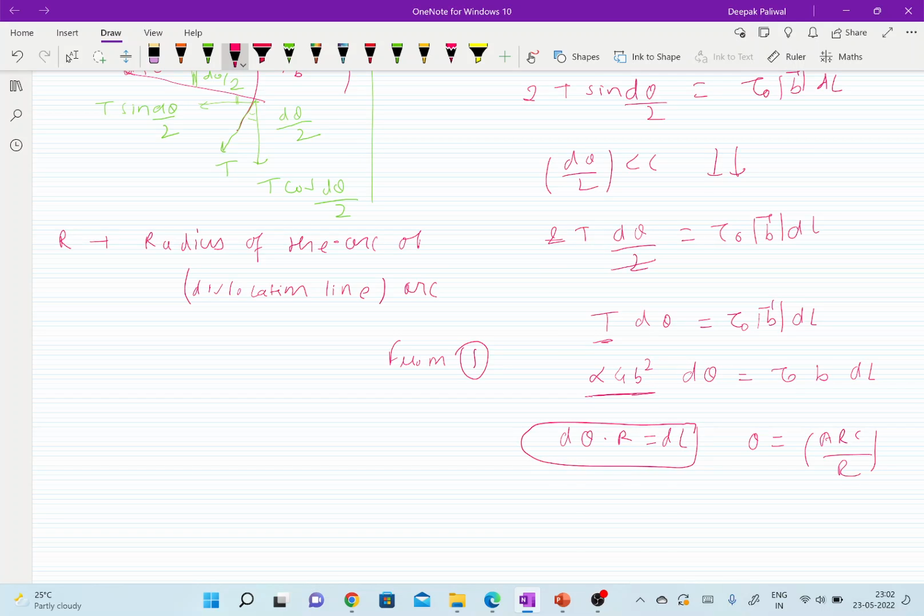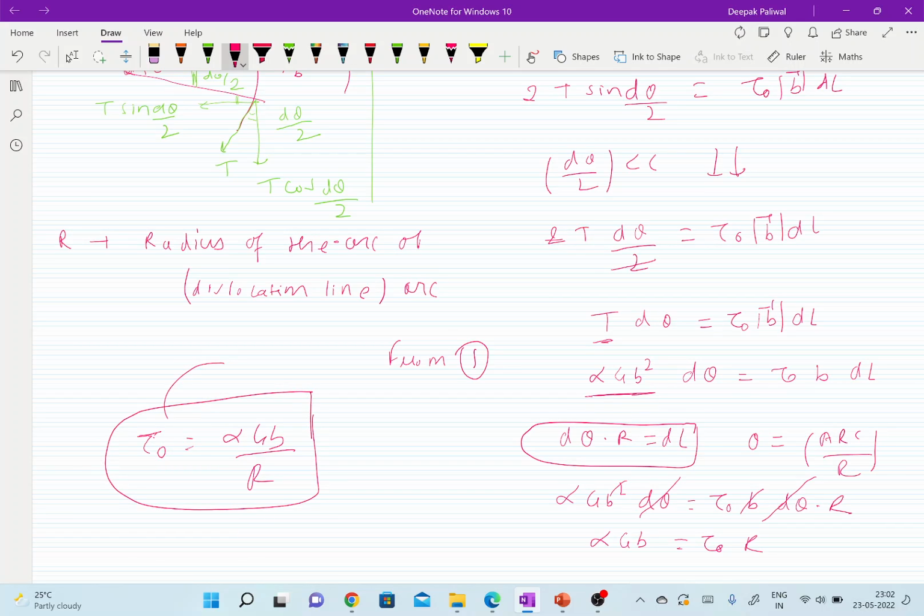Putting this value, alpha G b square d theta equals tau naught b times d theta times r. So tau naught comes out as alpha G b by r.